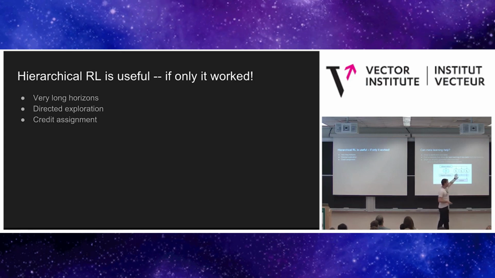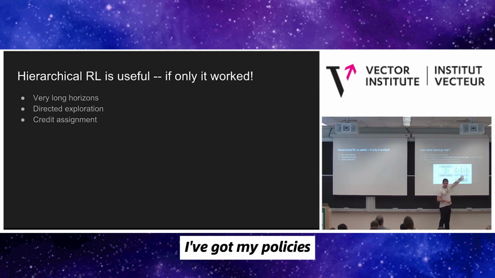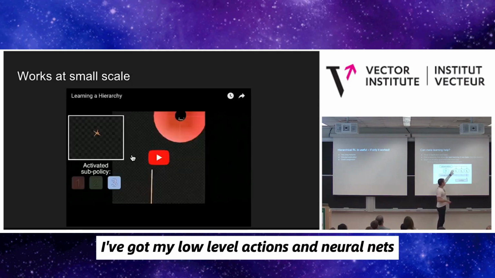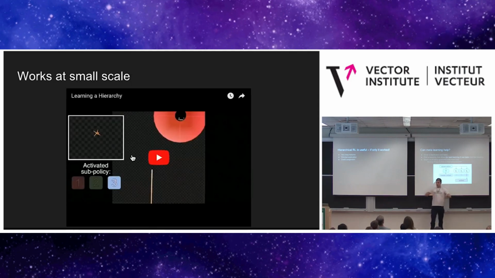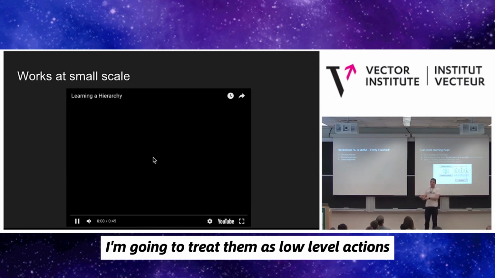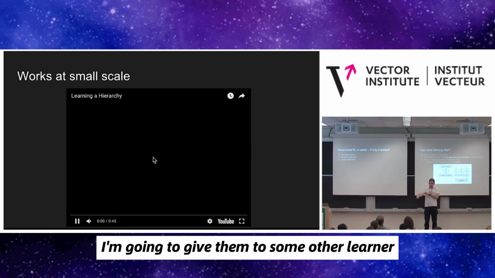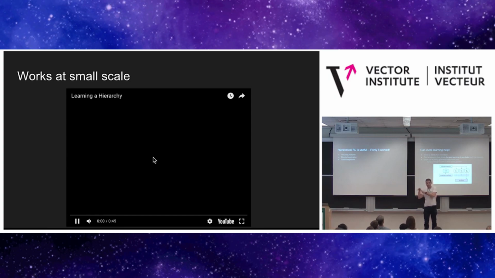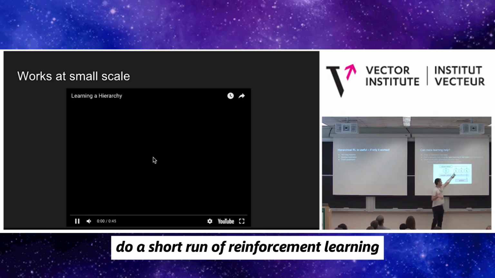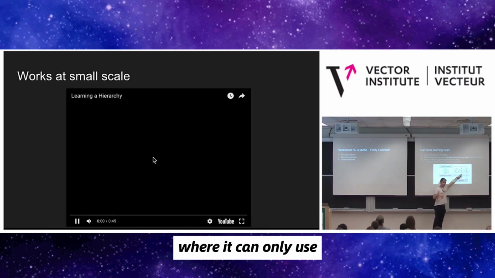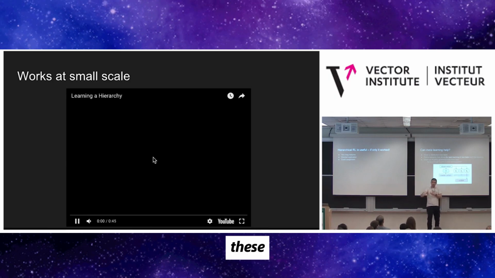You say, I've got my policies, I've got my low-level actions and their neural nets. I'm going to treat them as low-level actions. I'm going to give them to some other learner. And I'm going to do a short run of reinforcement learning with this new learner, where it can only use these high-level actions.